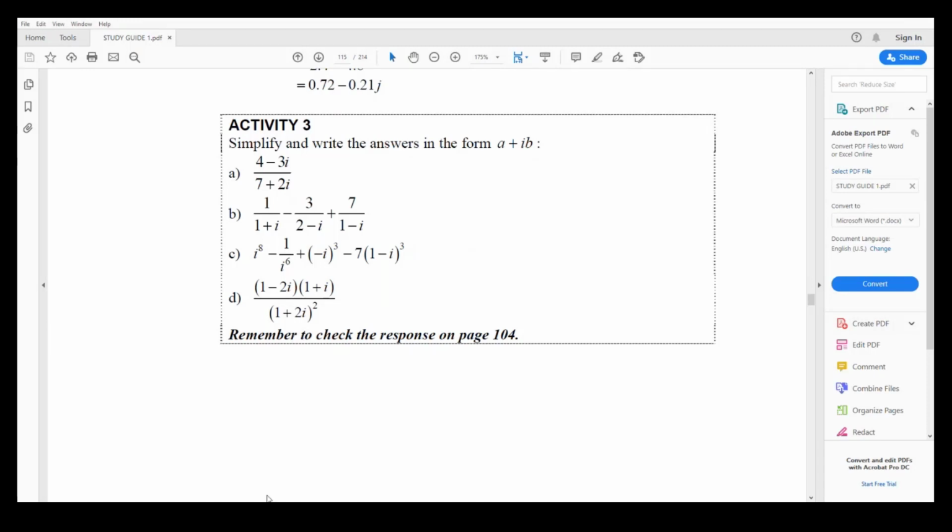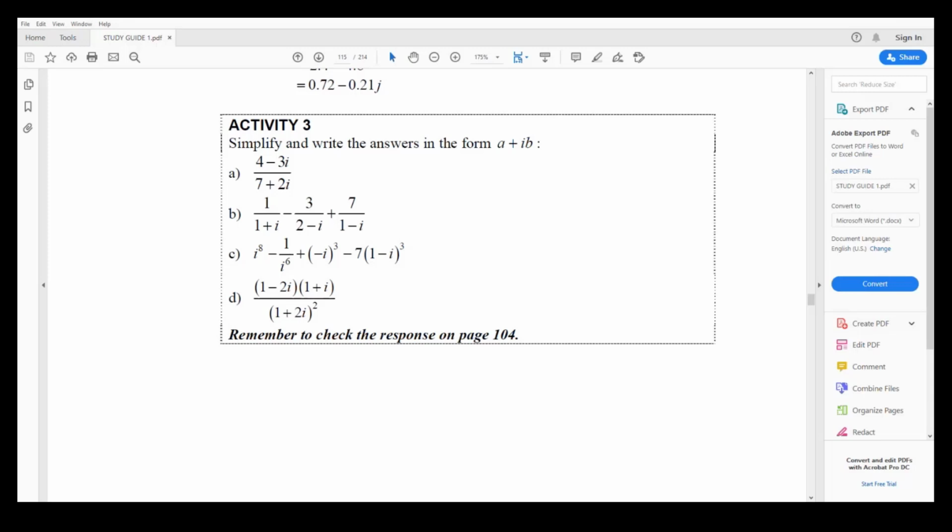Okay, no problem. There we go. Great. Thanks for that. So, can you guys still see the screen for activity 3? Yes, we can see it. Okay, great.